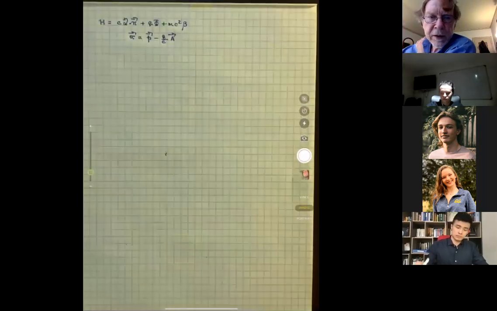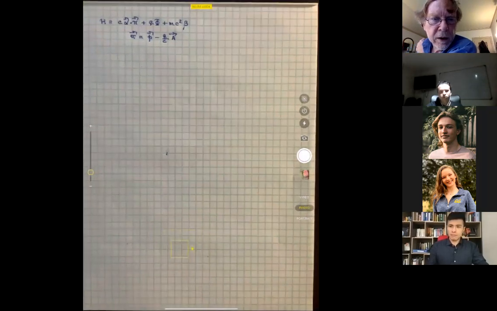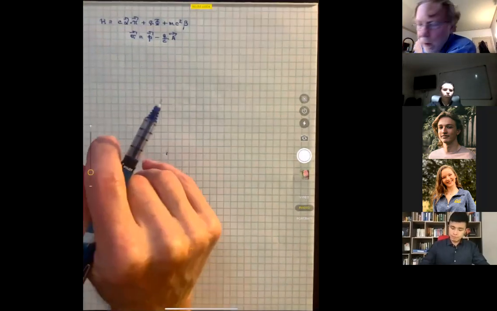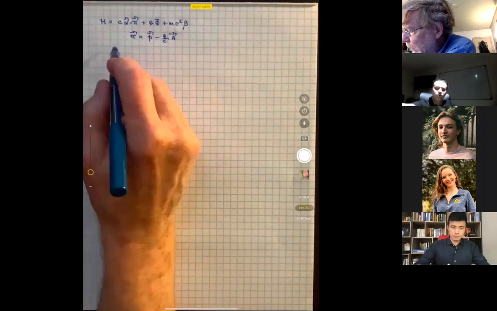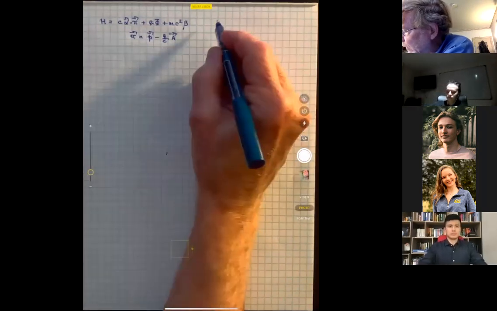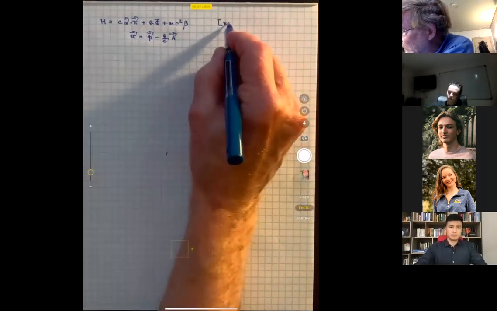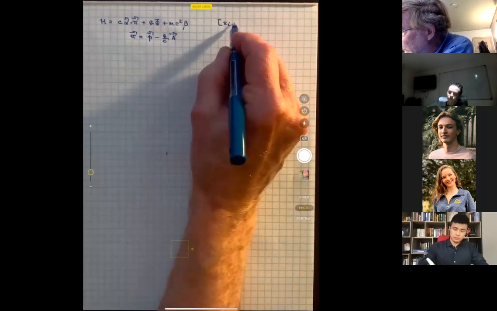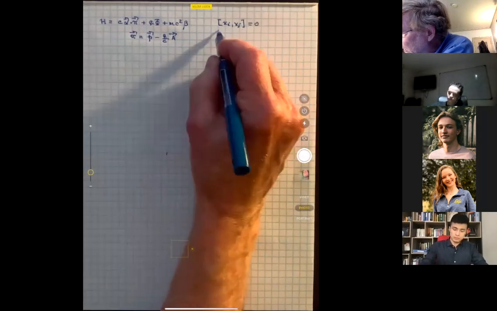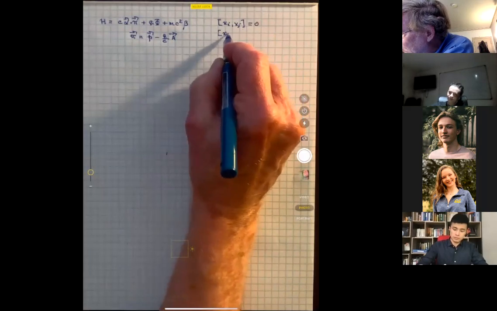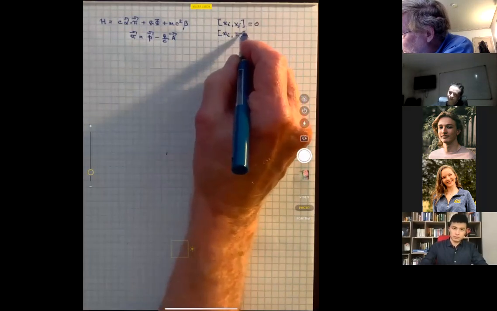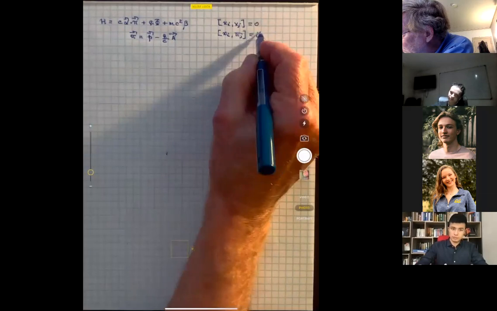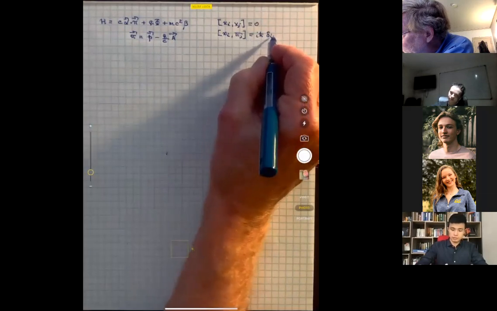Let me try to brighten this up again, refocus it. All right. And I'll give you the basic commutators here. The commutator of xᵢ with xⱼ is equal to 0, of course, so they commute. The commutator of xᵢ with πⱼ is equal to iħδᵢⱼ.